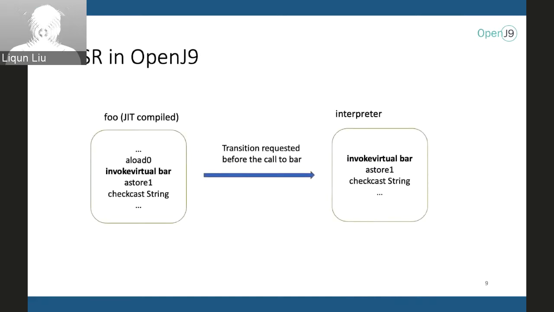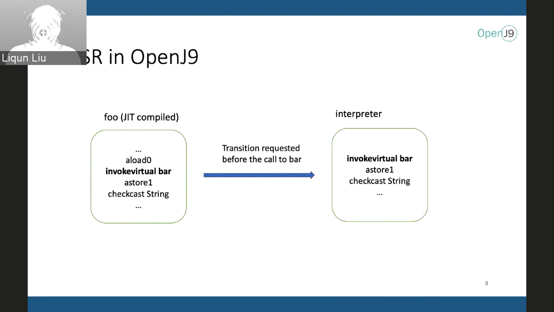So OSR is a technique that allows a running program to switch to a different version of code. In OpenJ9, we use it to transfer execution from JIT-compiled code to the interpreter. In this example, we have a transition request right before the call to bar.